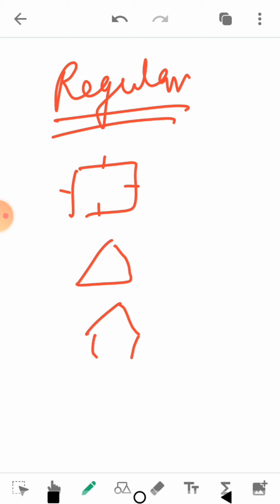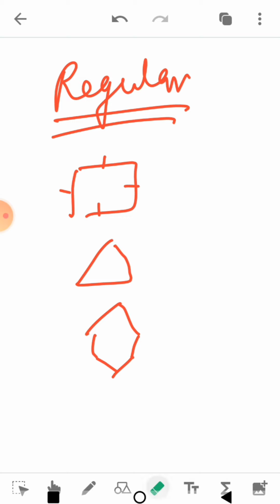A hexagon having equal sides is known as a regular polygon. That means all the sides will be equal and all the angles will be equal to each other, and that case is known as a regular polygon. And its opposite is the irregular polygon. That means all the sides will not be equal. Understand? All the sides and all the angles will not be equal in an irregular polygon, and that's why it is the irregular polygon.